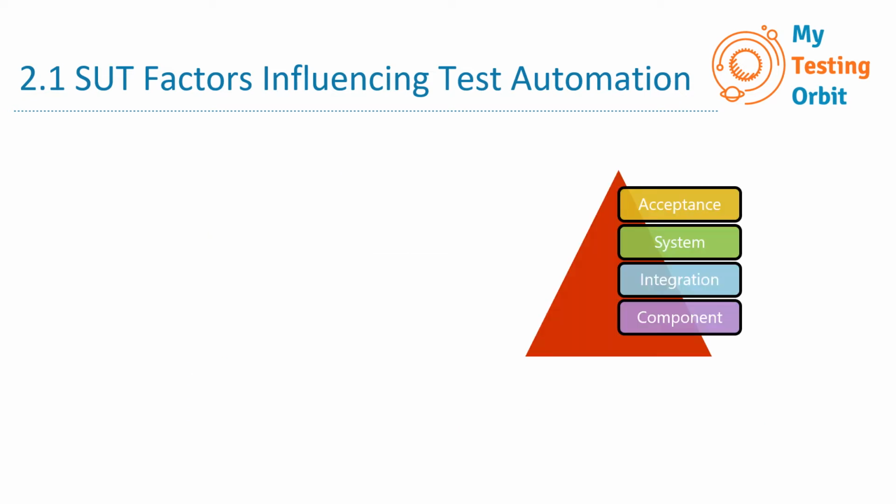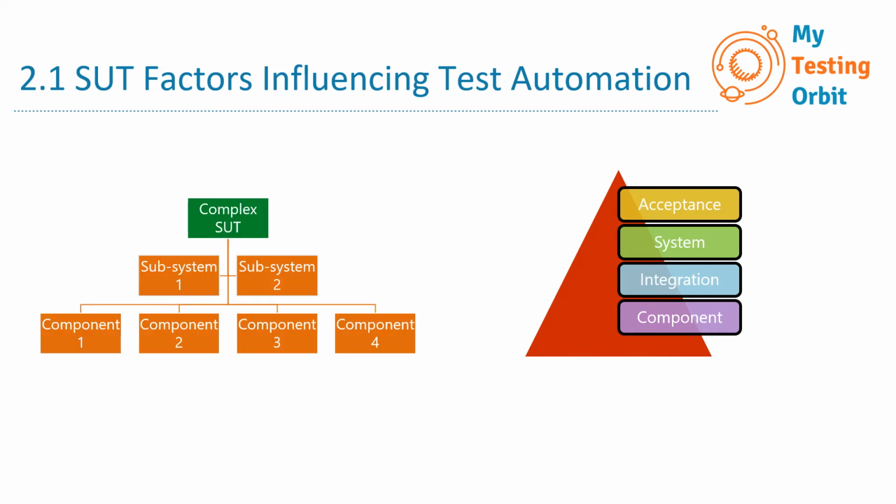Okay, so we learned about different test levels in our foundation certification syllabus. So let's have a look at a complex SUT. If we decompose the complex SUT, it allows the test automation to interface with the SUT on various test levels.